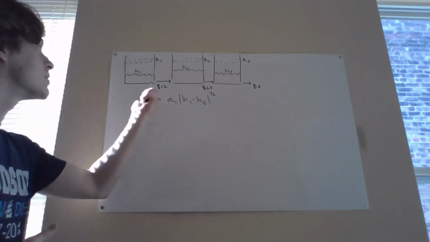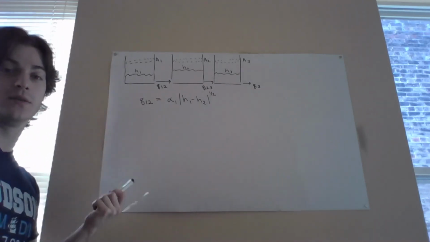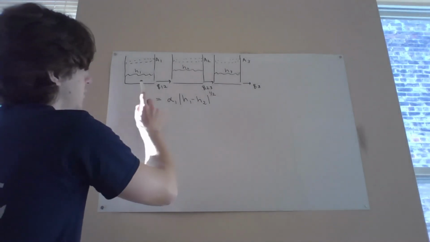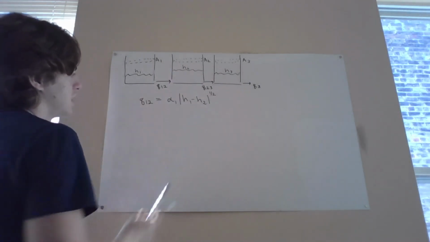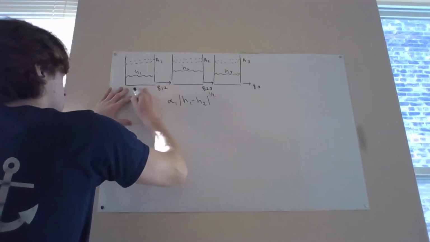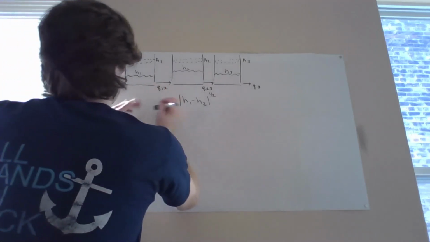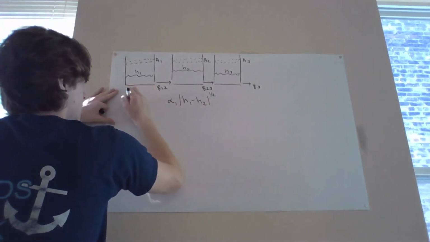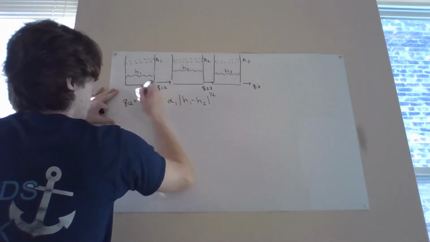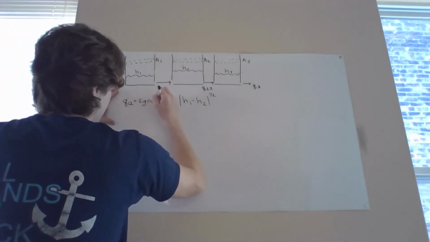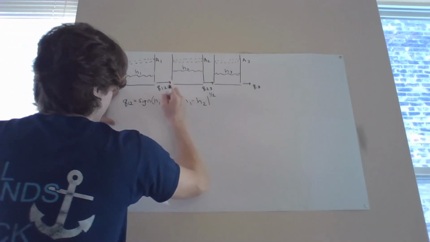So now for this flow rate, we'll have to define the direction. For this problem, I'm going to define the direction from 1 to 2 as positive. To do this, we will use sine. So instead of just having this expression, the flow rate between tank 1 and 2 will be multiplied by the sine of the height of tank 1 minus the height of tank 2.